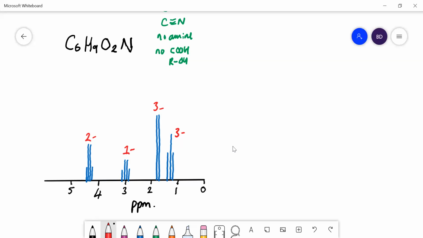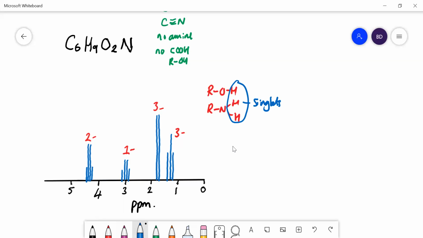One thing which strikes me from the proton NMR, which we already deduced from the infrared, is that there's no alcohol groups and there's no amine groups. We can tell that because those sort of protons don't split. They give us singlets. And we haven't got any singlets at all in the spectrum.